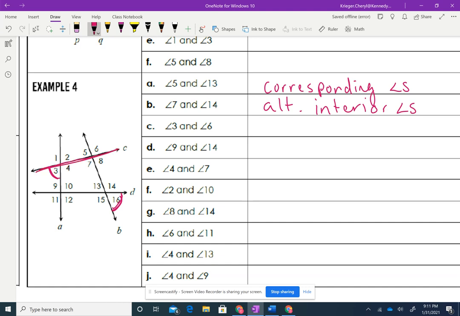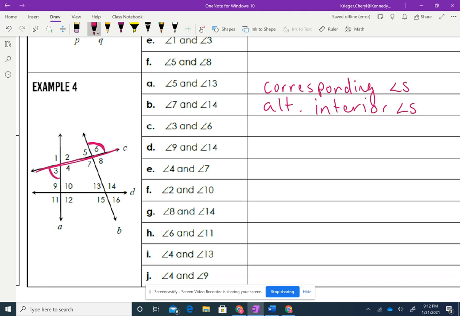One's on the interior of C and D, one's on the exterior. They alternate, and there is no transversal. So this one was a trick question. Oh, this one isn't a trick question. Sorry. Look, because I read 16. It's 3 and 6.